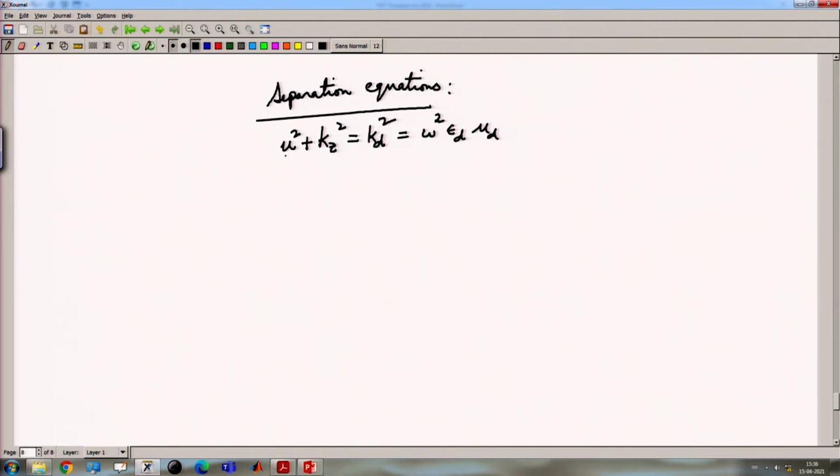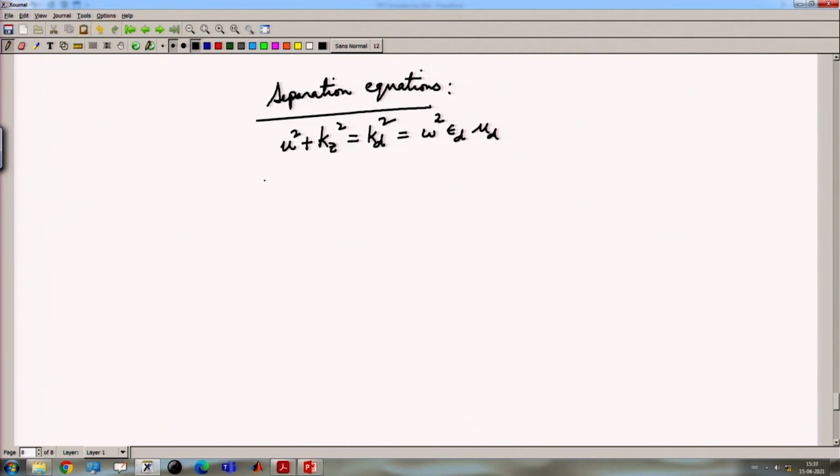So, u is the eigen number along the x direction, k z is along the z direction, there is no variation along the y direction. So, the third eigen value is 0, and k d square is the wave number squared inside the dielectric, so to say.